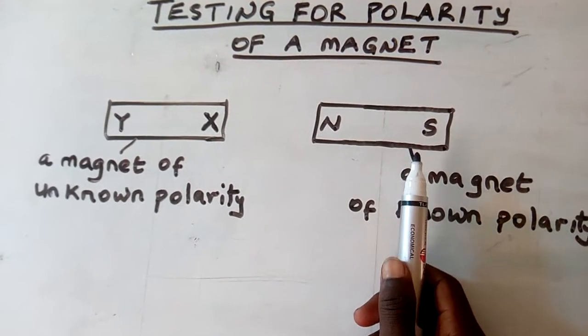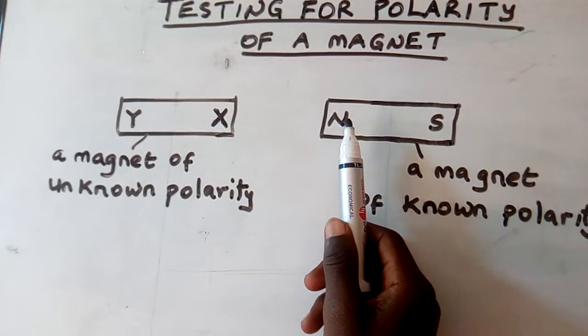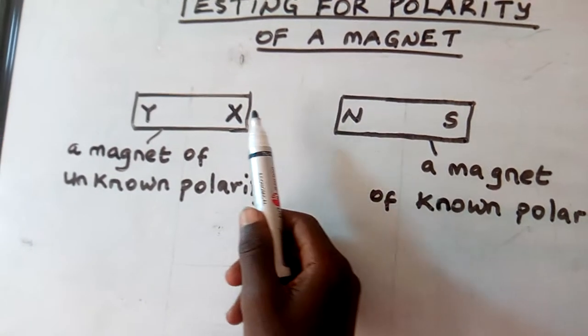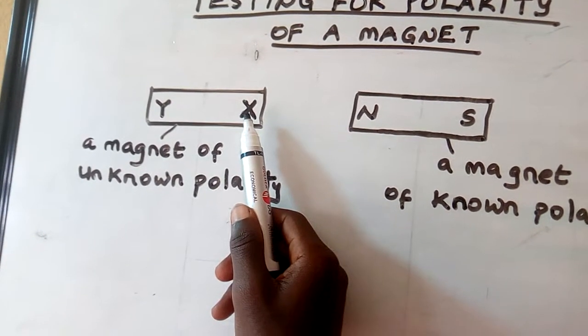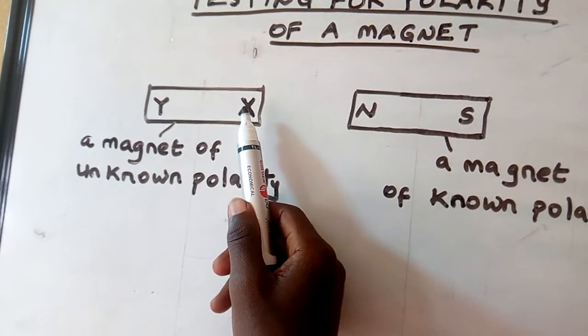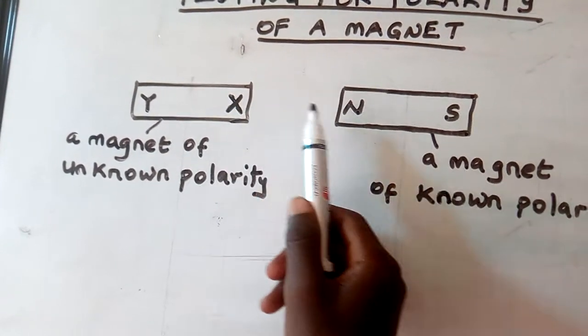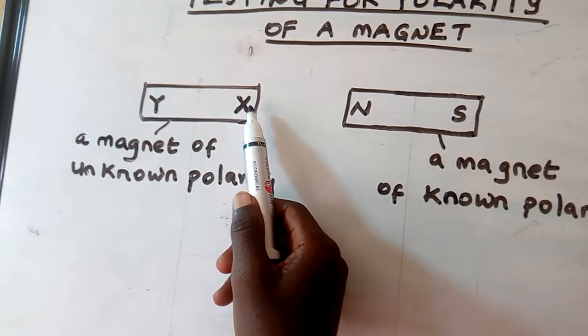You bring one of the poles of a magnet of a known polarity, like this one, which is the north pole, near another pole of a magnet of unknown polarity, in this case near X. Now what happens? Immediately you see these two poles repelling.